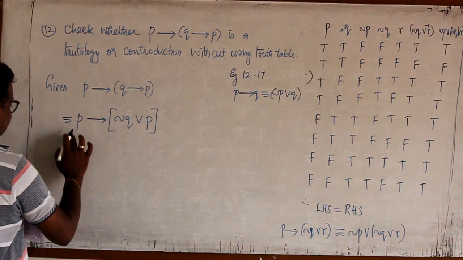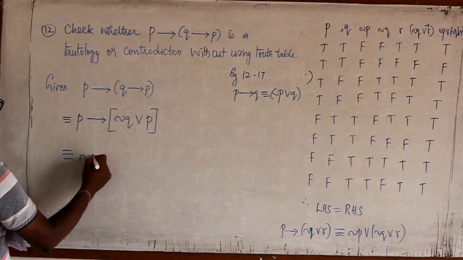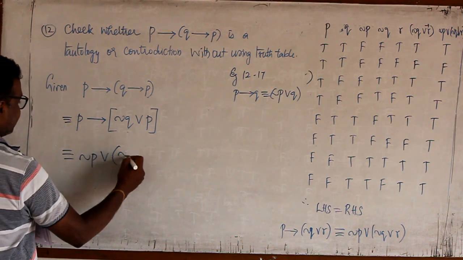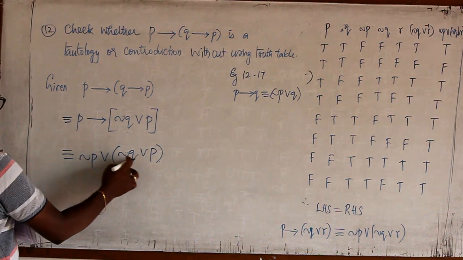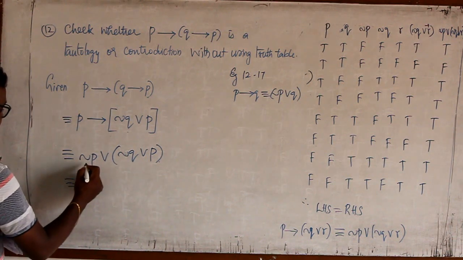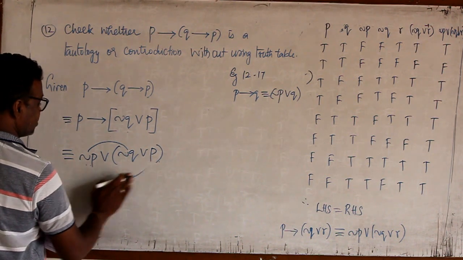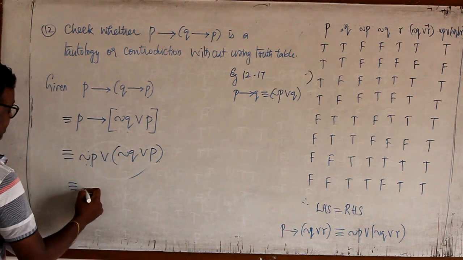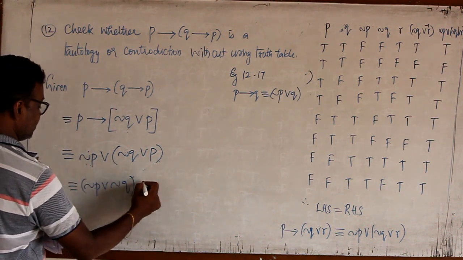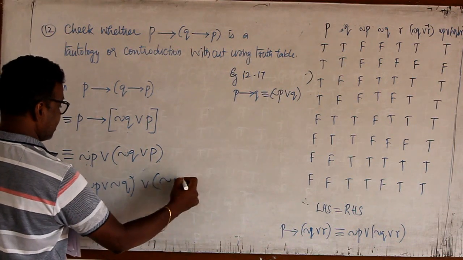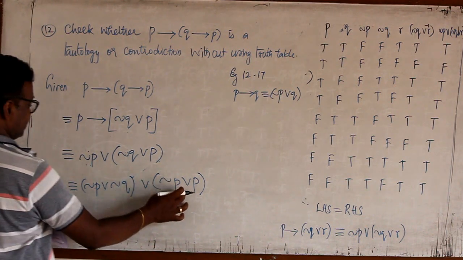Now, this is again of the form P then Q, isn't it? So again, first element is P, so negation of P or, the bracket as it is, negation of Q or P. Now, let me go for the distributive property, that is negation of P with this, then negation of P with this. So this becomes negation of P or negation of Q, or negation of P or P. Now, you leave this one, we shall go for this one.